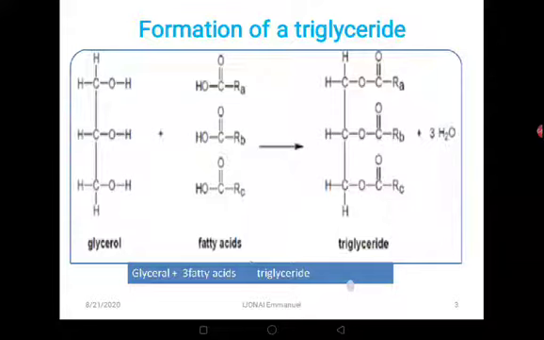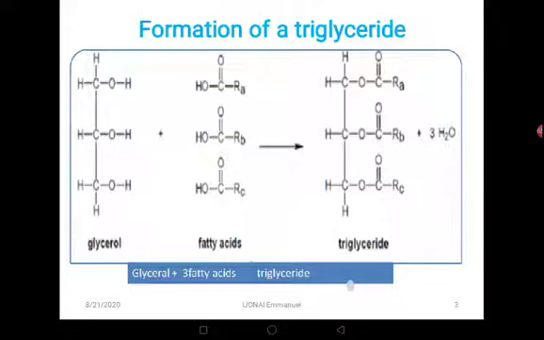Meaning, since it has 3 OH groups, it can accommodate up to 3 fatty acids, as you can see there. 3 fatty acids, each bonded to an OH group, and then the hydrogen from the glycerol and the OH from the fatty acid are lost, forming a water molecule.